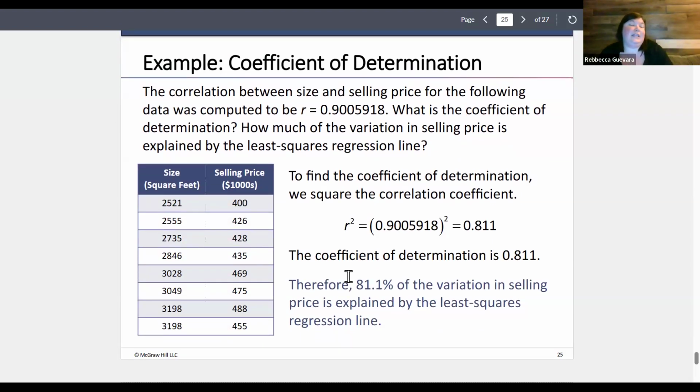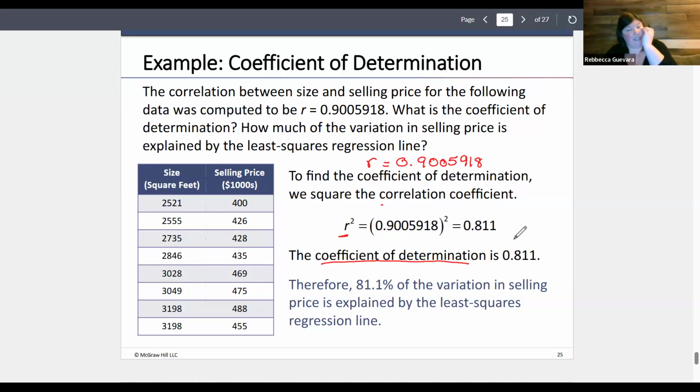So if we look at the size of a house and its selling price again, we saw that R, as I said up here, is 0.9005918. If I square that, that gives me my coefficient of determination, which happens to be 0.811.